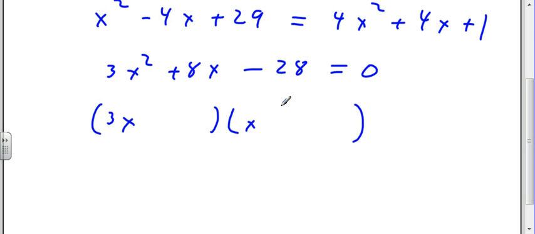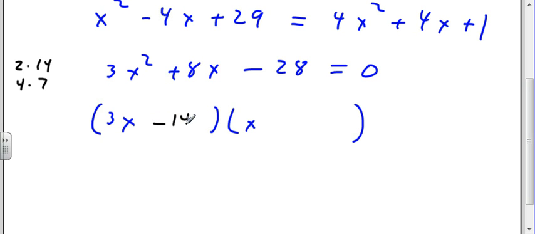3x, x. Okay, now the 28 could be a 2 times 14, or it could be a 4 times 7. Okay, so 4, 7. 4 times 3 times, I don't think that factors. Oh, 2 and 14. 2 and 14 works.